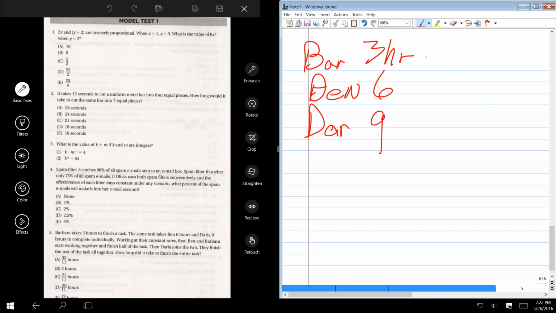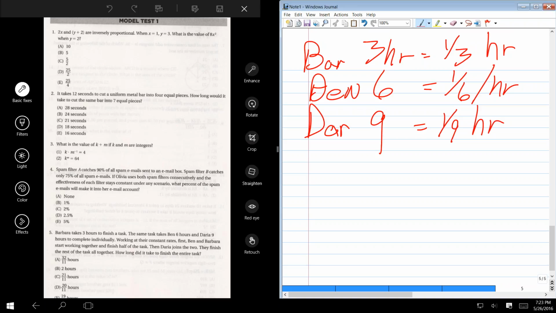The way I did it was that means Barbara can do 1/3 of the task per hour, Ben can do 1/6, and Daria can do 1/9. And now it says that Ben and Barbara work together until half the task is done.